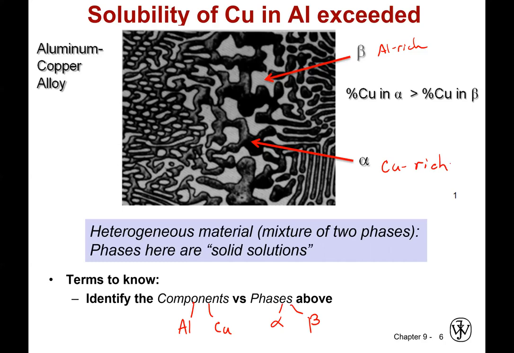And when we get to the phase diagrams, we'll be able to put actual numbers on these. Right, so all of the boundaries you see in here are now phase boundaries, boundaries between phases. The original grain structure would be on a much larger scale in this case.